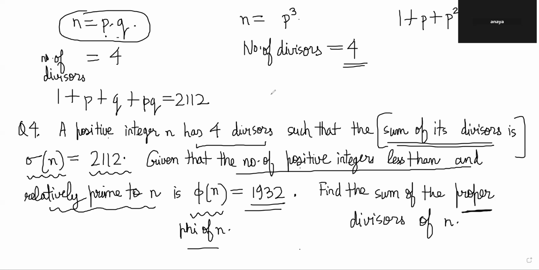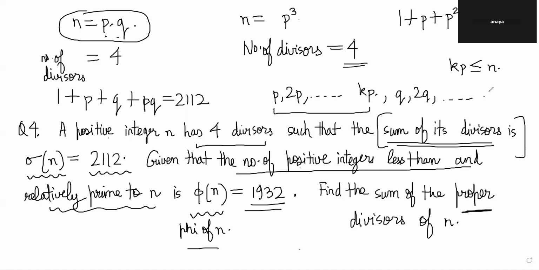So we can say that p, 2p, and so on till some kp such that kp is less than n, all of these have to be excluded. Similarly, q, 2q till lq, where lq is less than n. All of these also have to be excluded, right?